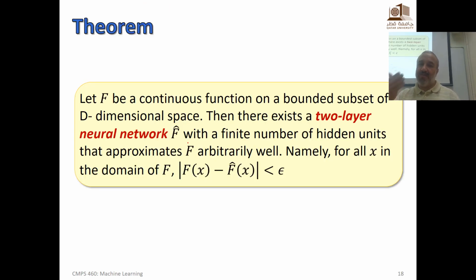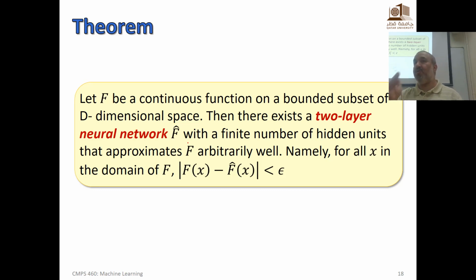How did we know that? From this theorem. It says that if we have a function f, which is a continuous function on a bounded subset of d-dimensional space, which means that the input to the function is finite, in d dimensions, so in our case the number of features. Then there exists a two-layer neural network, f hat, with a finite number of hidden units, so the number of neurons in the hidden layer is also finite, that approximates f arbitrarily well.